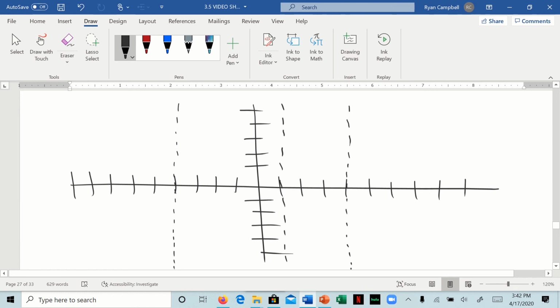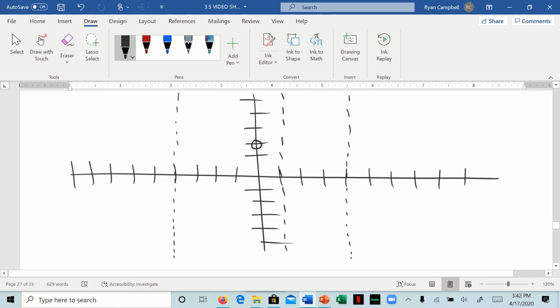We have a hole at 0, 2. We have x-intercepts at 2, 0, negative 2, 0, and 8, 0. We don't have any y-intercepts because we have that hole. We have a horizontal asymptote at y equals 1.